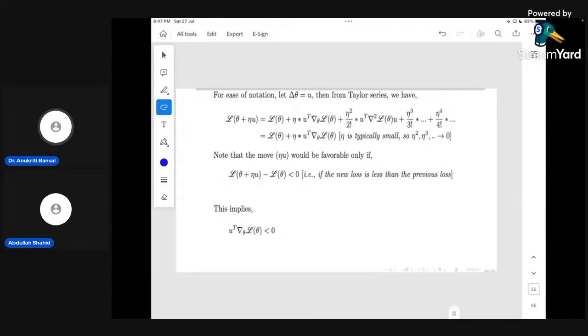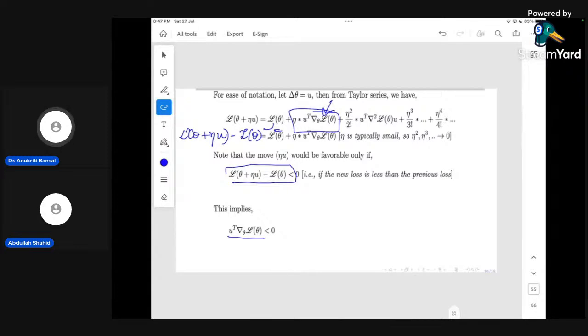If I bring this quantity here and write it like this, theta plus eta u minus theta, we are left with this.